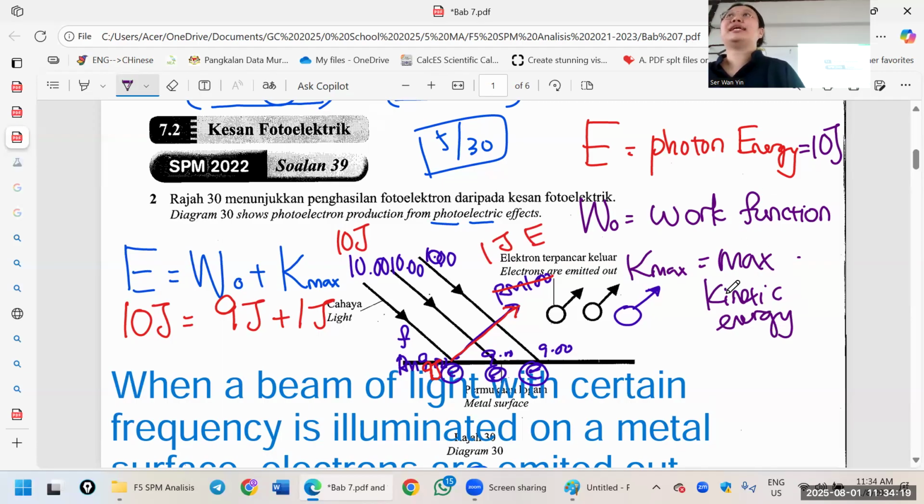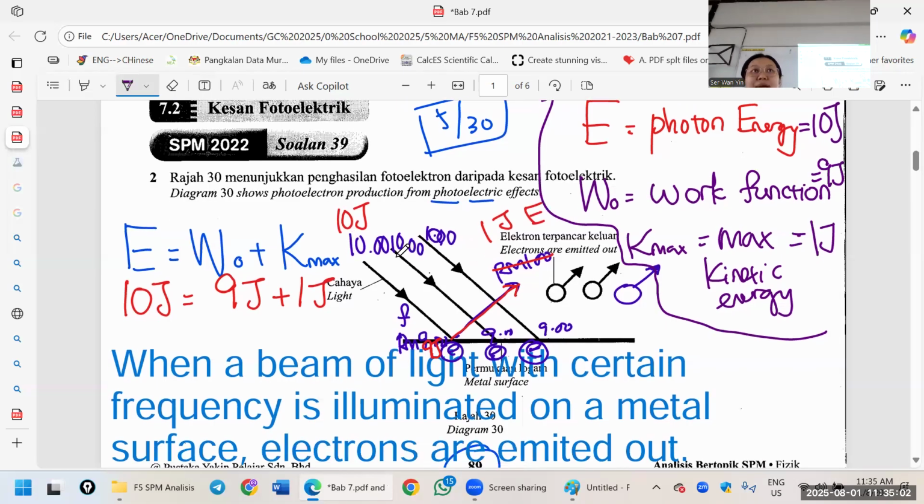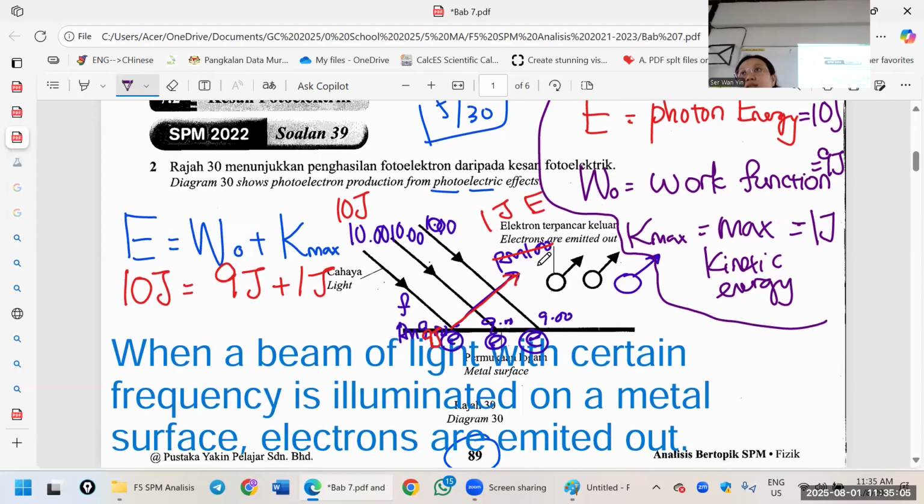So actually these three are energy. Work function is also energy, just with a name. What is work done? Energy. So let's say work function 9 joules. So you can only go out with 1 joule of kinetic energy. Now get the idea of the photoelectric effect. Like you pay money, you get the goods and 1 ringgit balance.